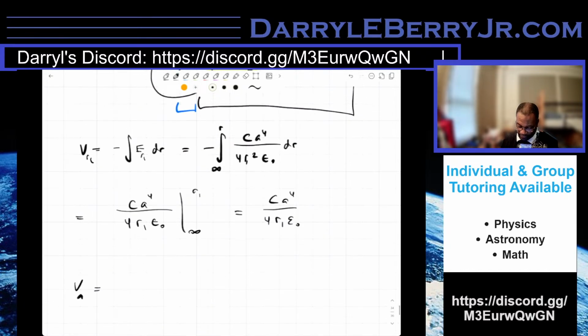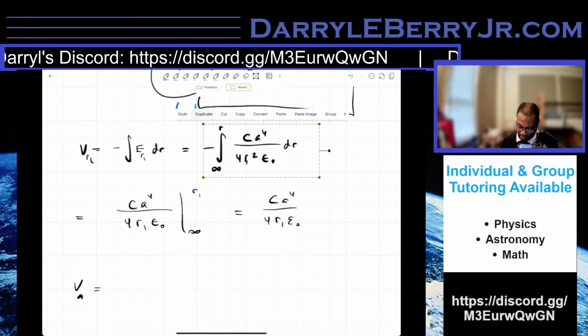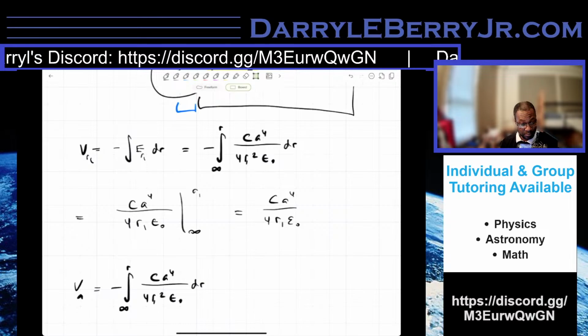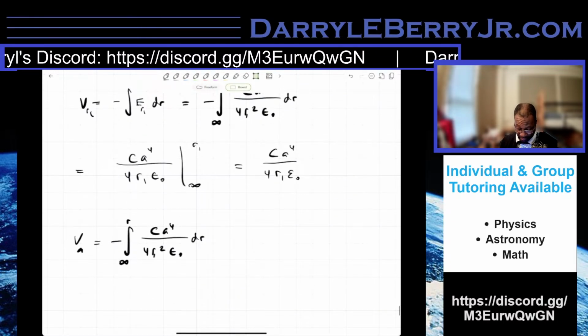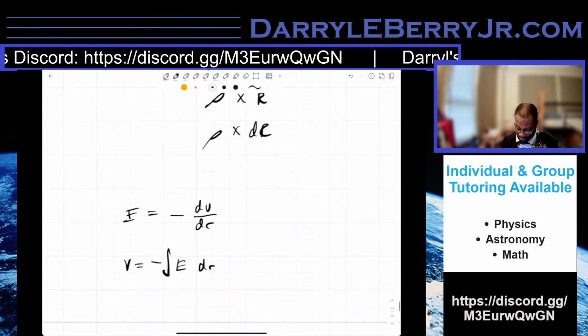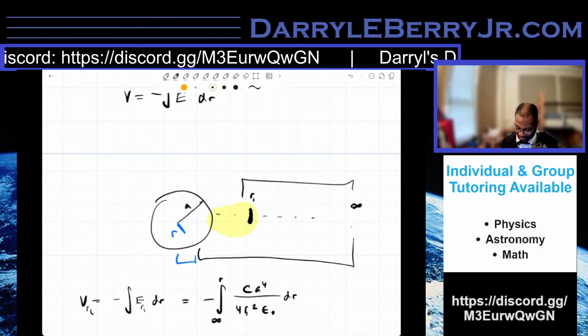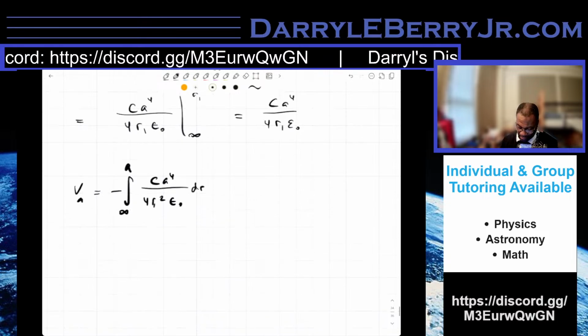So for infinity to A it will be the same formula here. I'm just going to stop it at A, because I have to use the outer formula, because that's the formula that gives us the potential outside.